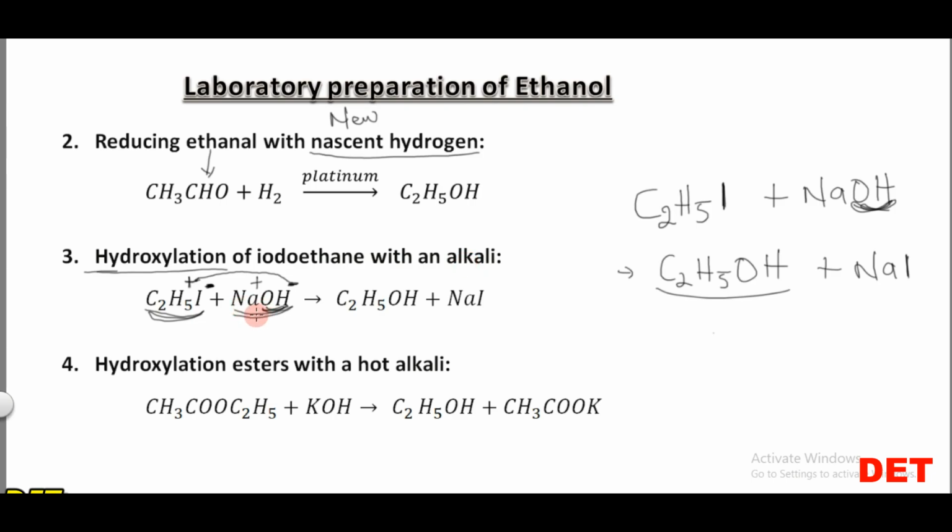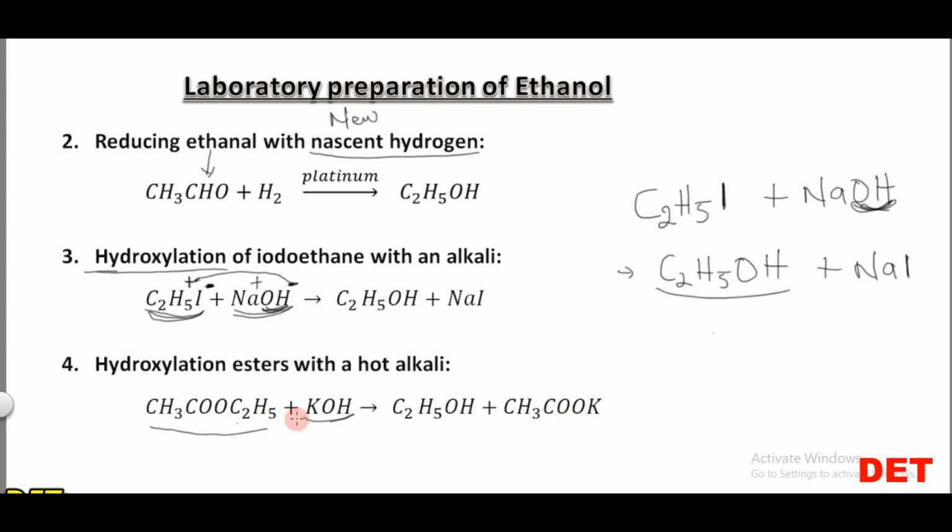So the fourth method in which ethanol can be prepared in the laboratory is by hydroxylation of esters with a hot alkali. So this is an ester, alright, this is ethyl ethanoate. So when it reacts with a hot alkali like potassium hydroxide, ethanol will be formed, and potassium ethanoate.